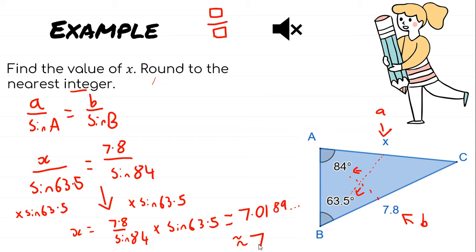And I really strongly encourage you to type this into your calculator and check that you get 7.0189. Because if you don't get that, it means you're not typing the expression into your calculator properly. And using the fraction button will help you get it right. The other thing to check is check that your calculator is in degrees mode.